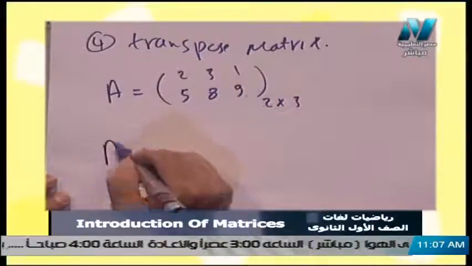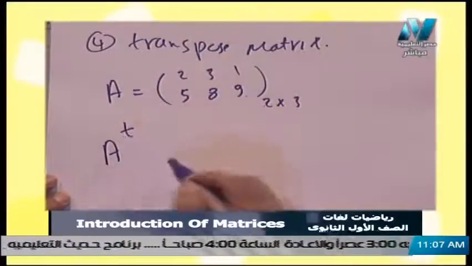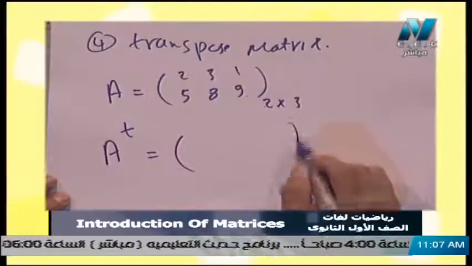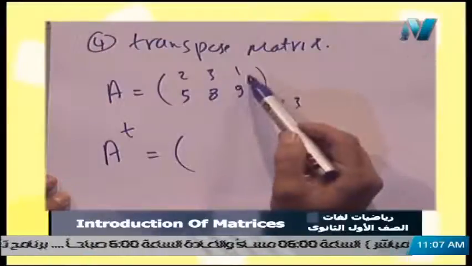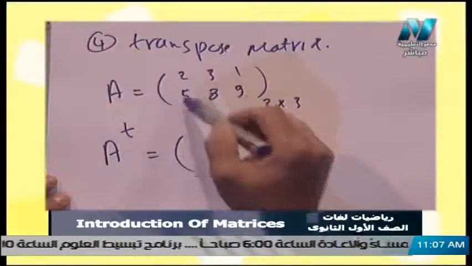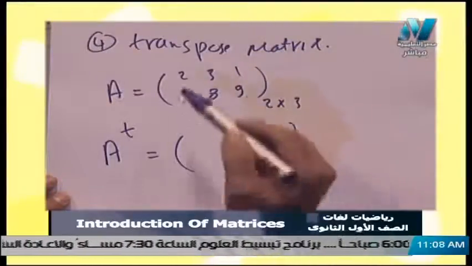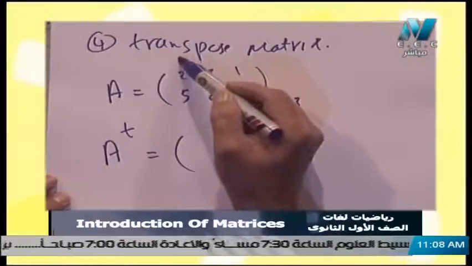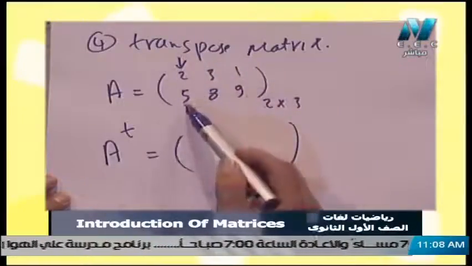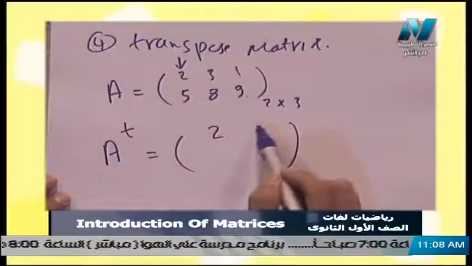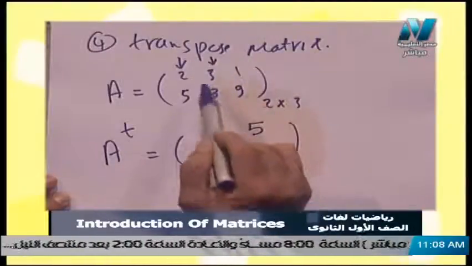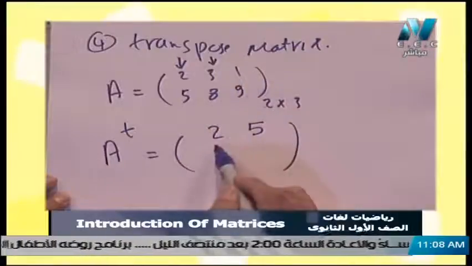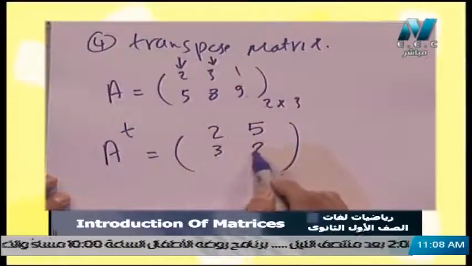We call A^T, or A transpose, of this matrix when we put its rows as columns or its columns as rows. So this first column here, 2 and 5, we write it as a row, and this second column we write as the second row.